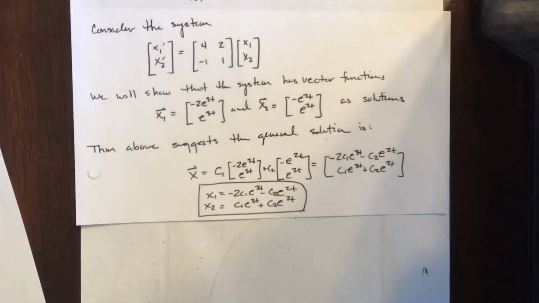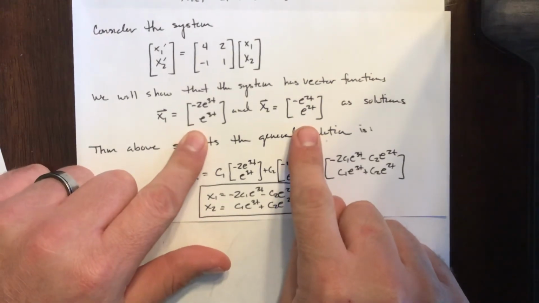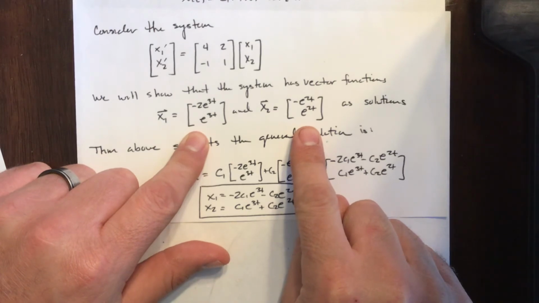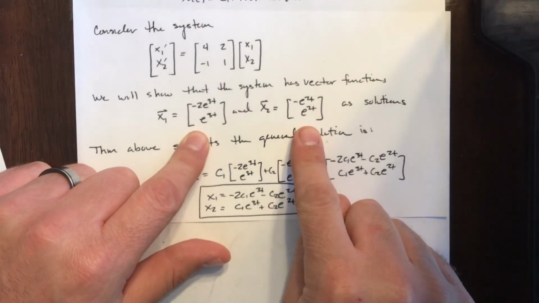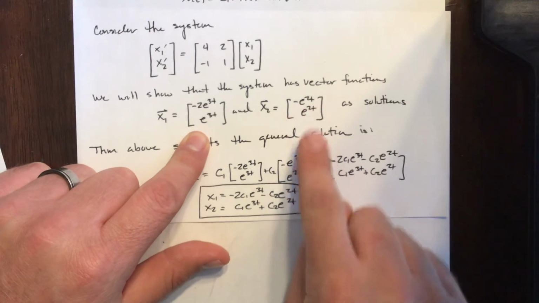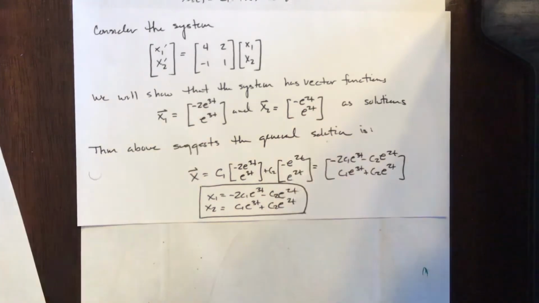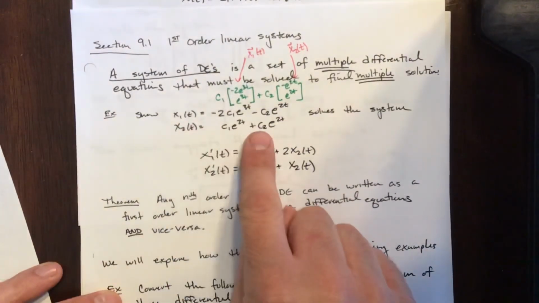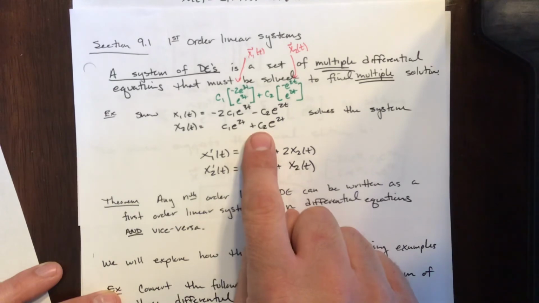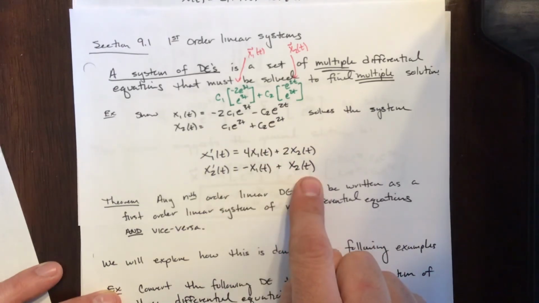Okay, so now the question that we are going to answer is, how do you come up with x1 being negative 2 e to the 3t, e to the 3t, and x2 being negative e to the 2t and e to the 2t? Because really what we've done up to this point is I've stated that these two functions solve this system of differential equations and asked you to prove it, and we did in video 1.